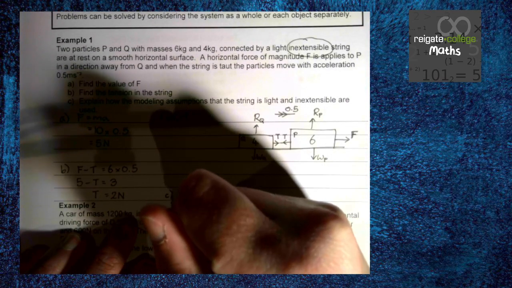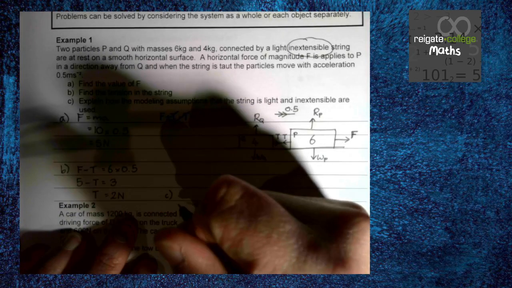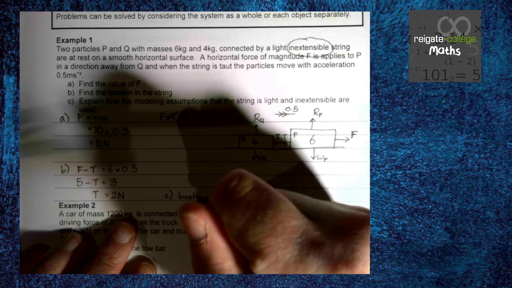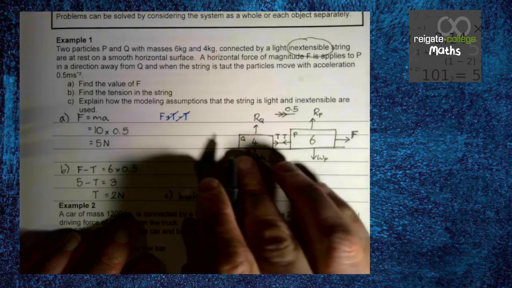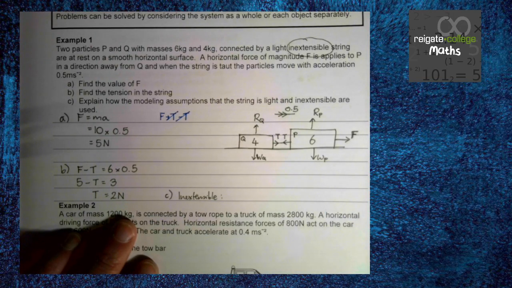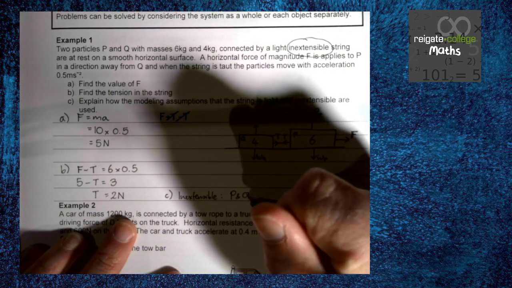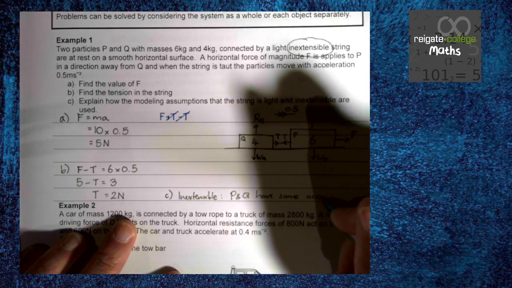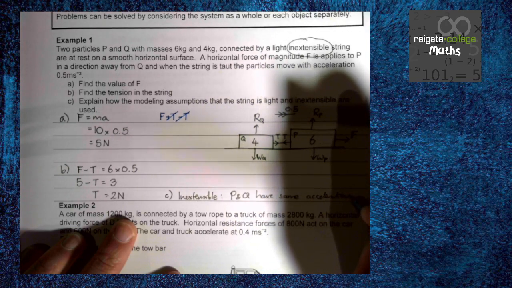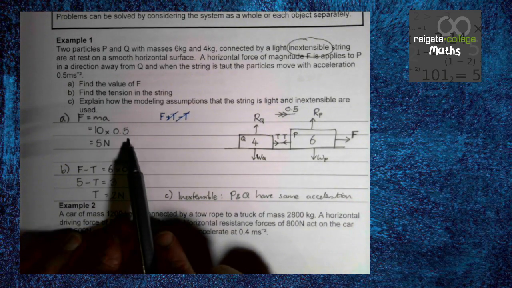Part C, so we've already discussed how we've used the fact the string is inextensible. Both particles accelerate at the same time at the same rate. And the fact that it's light means we didn't have to include its weight in this calculation.